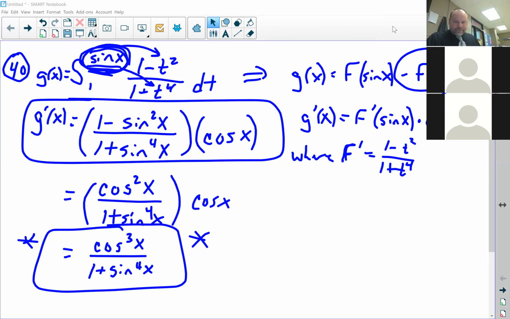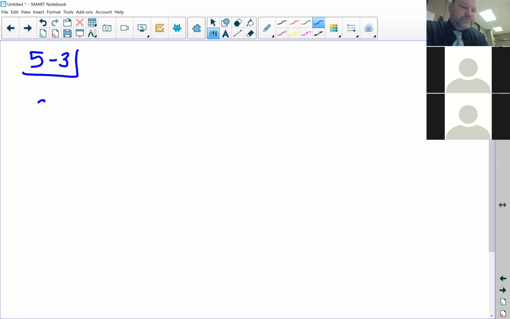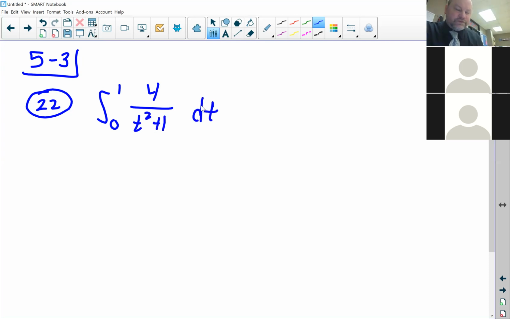So 5.3, number 22 on page 363. Evaluate the integral. The integral goes from 0 to 1 of 4 over t squared plus 1 dt.